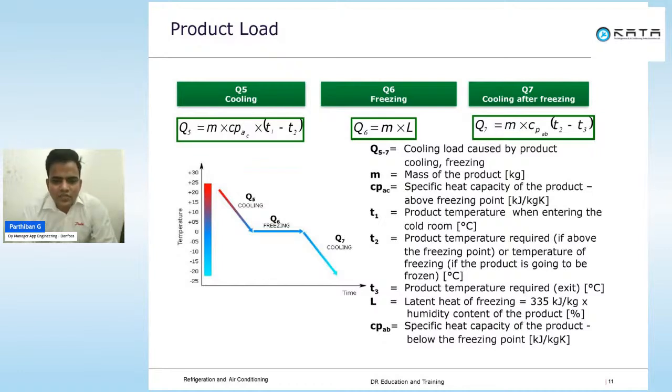If your product is entering at 20 degrees Celsius and the freezing point is 0, then 20 to 0 we call cooling before freezing. So T1 will be 20 and T2 will be 0. This is the delta T. With this formula, you can calculate the cooling before freezing. Then once it reaches 0 degrees, the water present in the product will start to freeze.